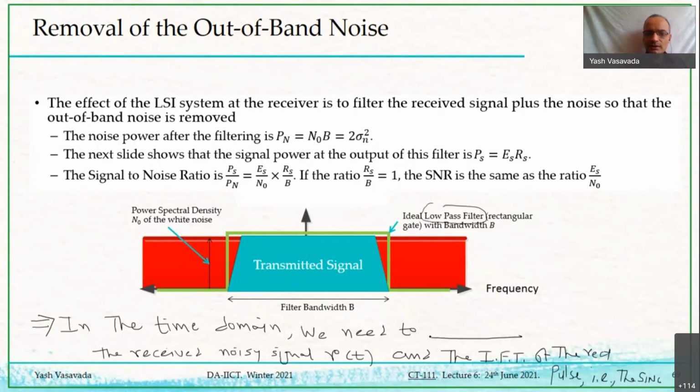What should be this fill in the blank? In the time domain, I am multiplying their Fourier transforms. So in frequency domain, I need to do what? Convolution. Convolve.